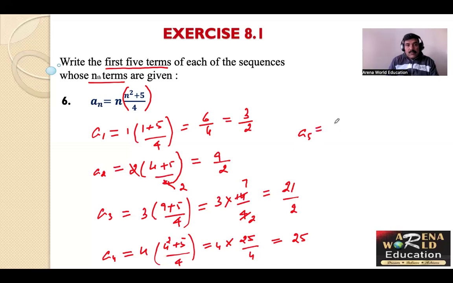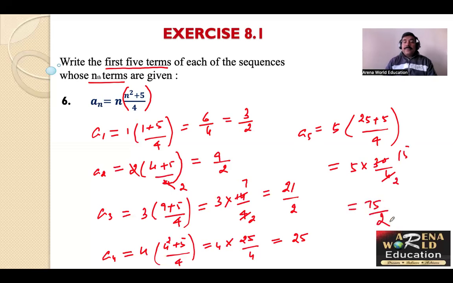So A5 is what? 5 into 5 square. So 5 square is 25 plus 5 divided by 4. So this will be what? 5 into 30 over 4, and this will be 2, this will be 15, and this will be 75 upon 2, right? So in this way, again, you can find all the terms.